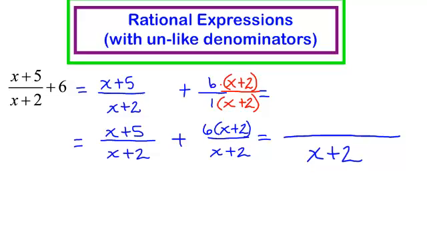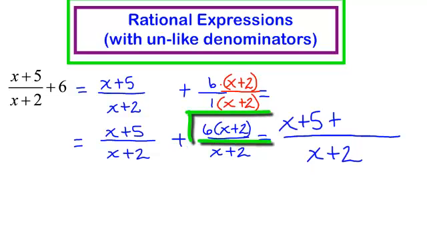I have a like denominator. I know my answer will be over x plus 2. And this is a place where another careless error could occur. So it may be best to keep this second numerator in a parentheses. I will go ahead and use the distributive property, so that will be 6x plus 12.